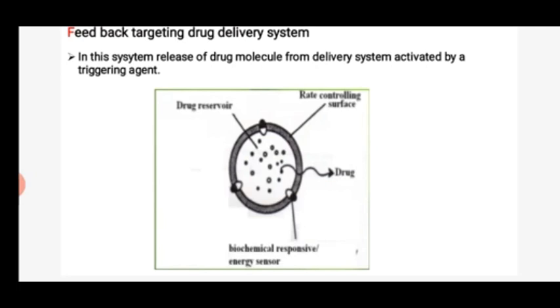So TD means toxic dose 50 upon ED, that means effective dose 50. For the calculation of the therapeutic index, this formula is most important for the GPAT: TD50 upon ED50, that means toxic dose 50 upon effective dose 50.